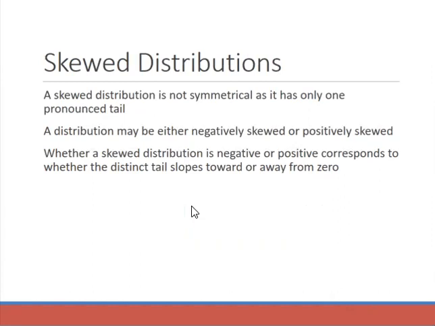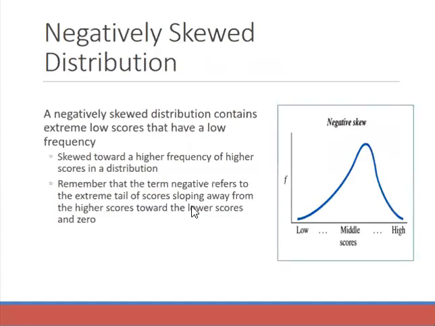A skewed distribution is not symmetrical, and it has only one pronounced tail. We're going to talk about the difference between a positively skewed distribution and a negatively skewed distribution. Whether it's positive or negative depends on whether the tail slopes towards or away from 0. So a negative skew happens when the very low scores have a low frequency, when the tail is closer to 0.